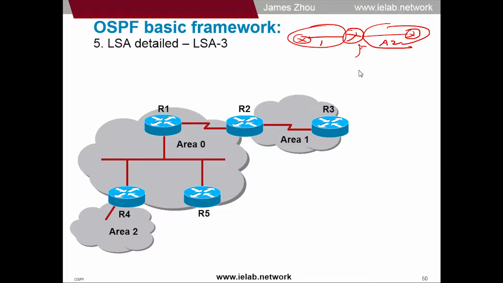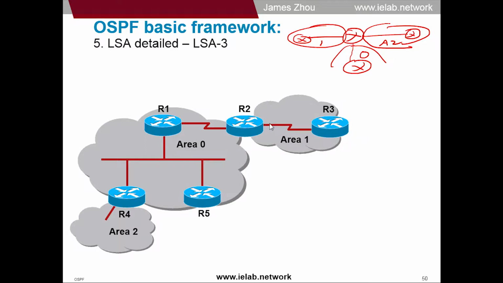This is a router that is not an ABR. If it connects another area, here is area 0, now this router is an ABR. So if you want to see LSA3, you must create another area.